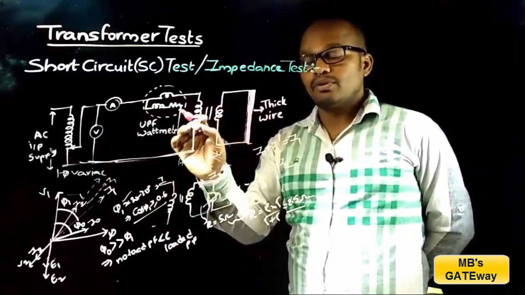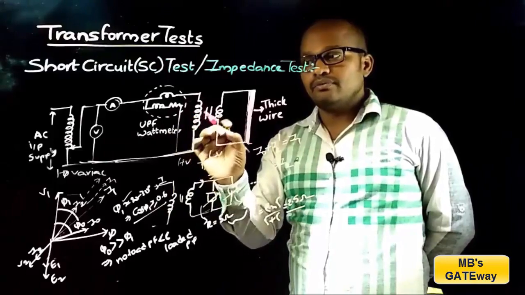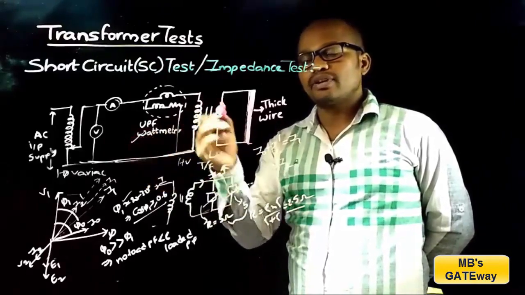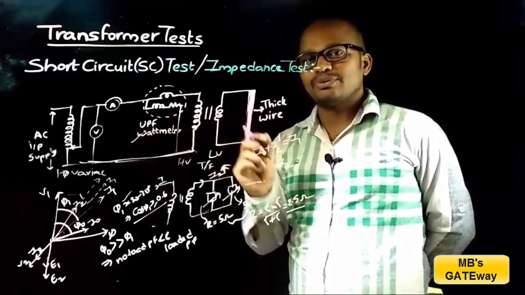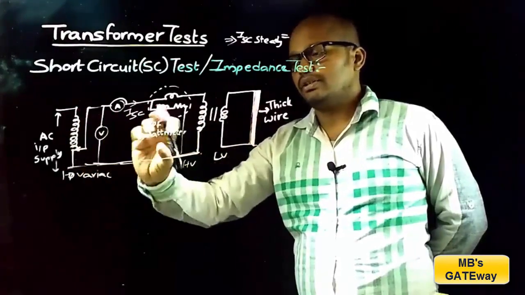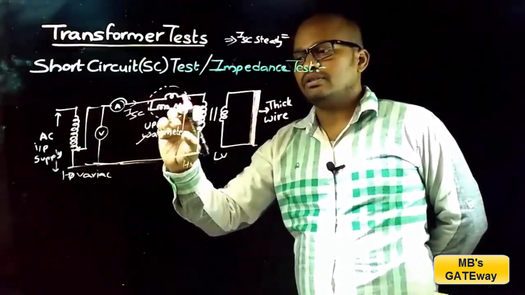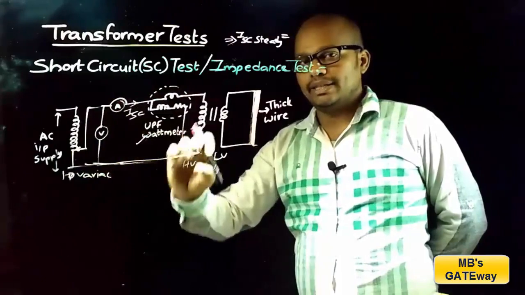So this primary circuit is a high power factor circuit. And to measure the power with good accuracy, we are making use of UPF type of wattmeter in the short circuit test. From this circuit you can note that the current is equal to the ratio of voltage to the impedance.